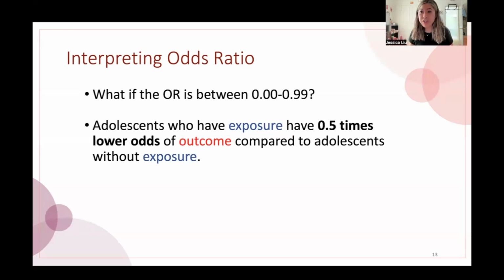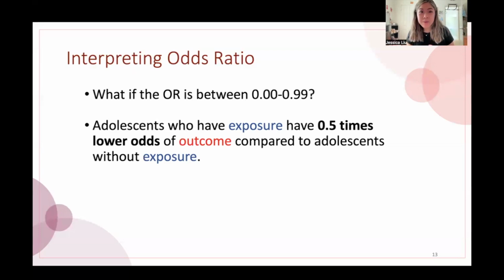So our odds ratio was 2.67. It was above 1. What happens if your odds ratio is below 1? So between 0 and 0.99, or basically all the way up until 1. Because an odds ratio is a ratio, it can range anywhere between 0 and infinity. But what happens if it's between 0 and 1?